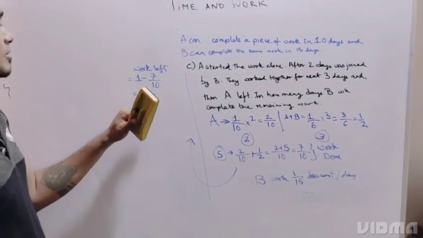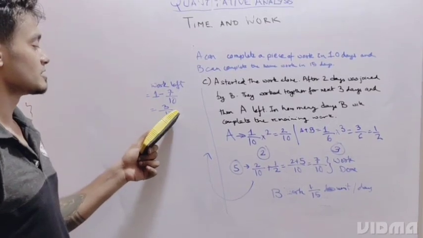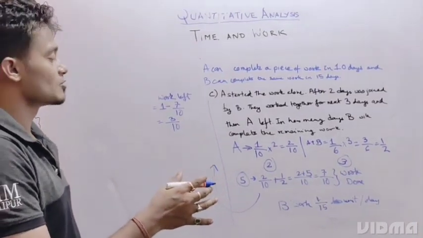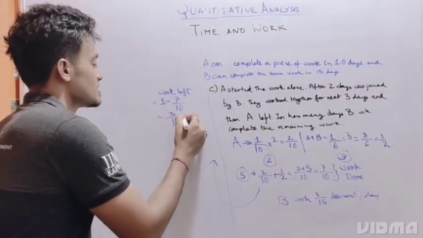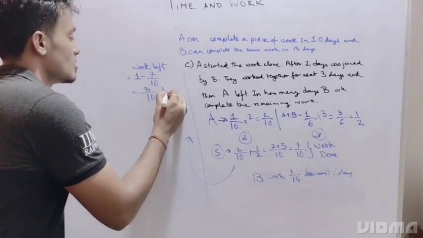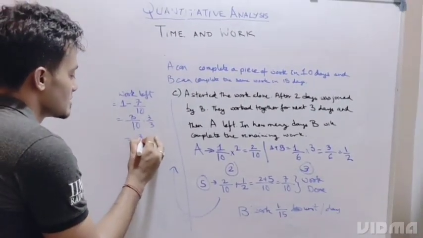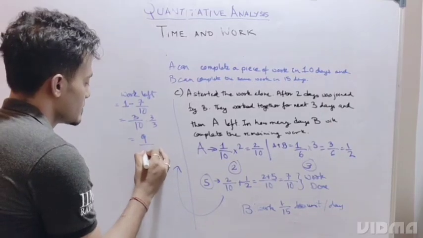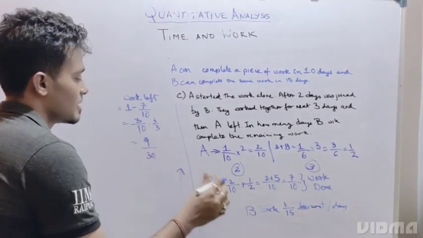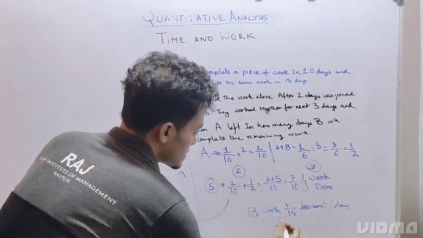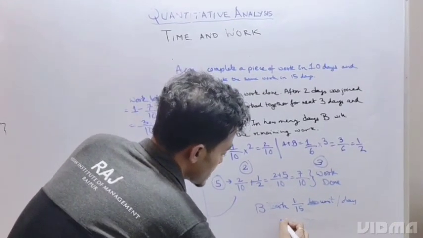So what do we have to do? How much time will we take to complete this work? Let's make the thing more simple. If we multiply 3 on both sides, we get 3 3s are 9, and over here 30, and over here we just need to multiply 2 in both the cases.